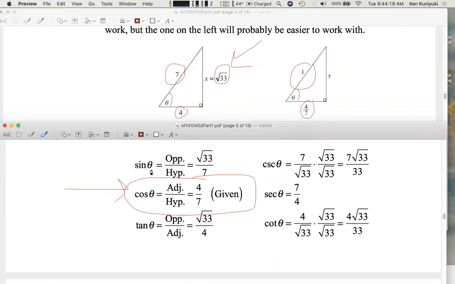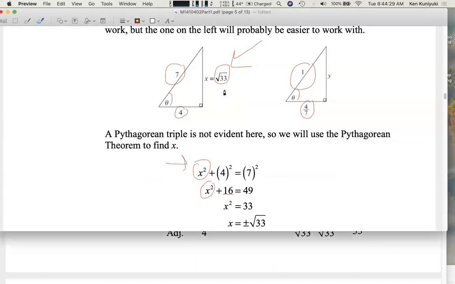Sine of theta, remember SOHCAHTOA. Sine of theta is opposite over hypotenuse. Relative to theta, opposite is root 33. In fact, I may as well say this is opposite. And this is adjacent, the 4.